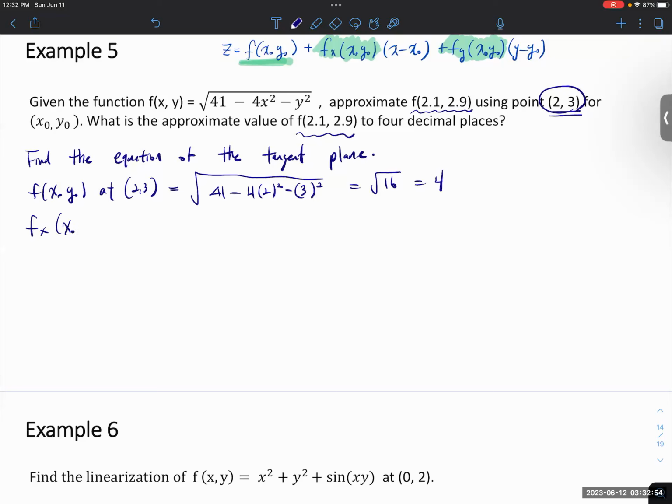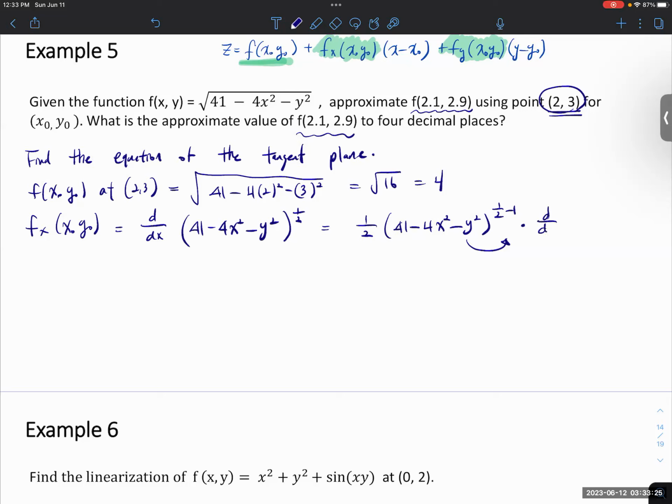Next, the partial derivative, d over dx, of the square root of 41 minus 4x squared minus y squared. The radical is a half exponent, isn't it? So we take the derivative: I bring down 1 over 2, then 1 over 2 minus 1, and then the chain rule, with respect to x.